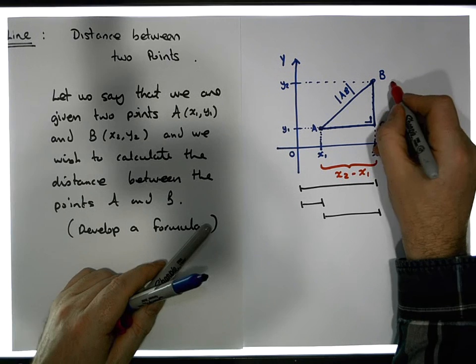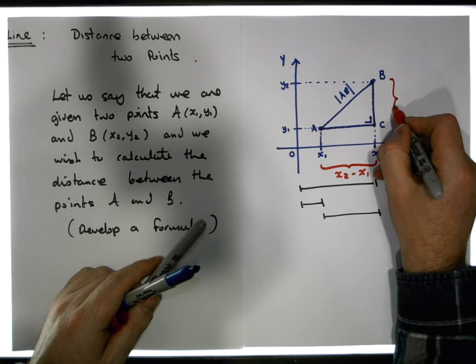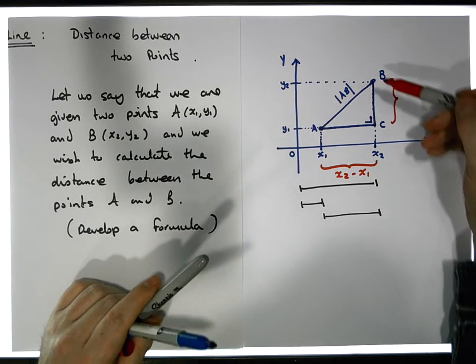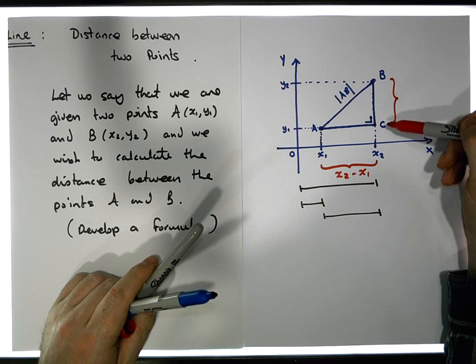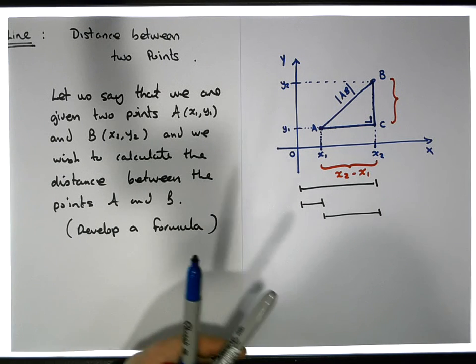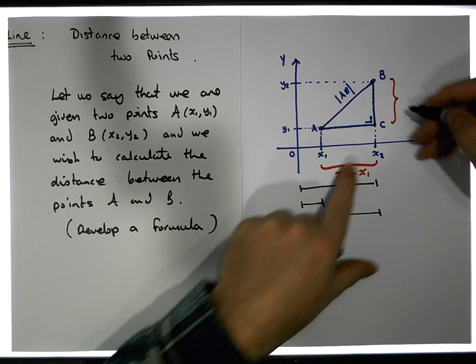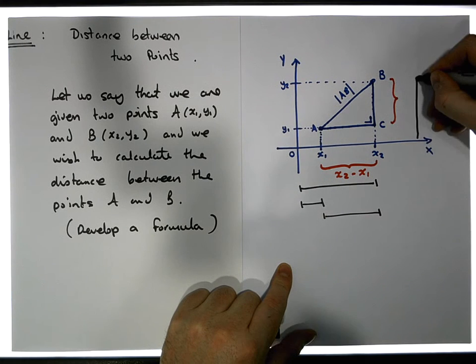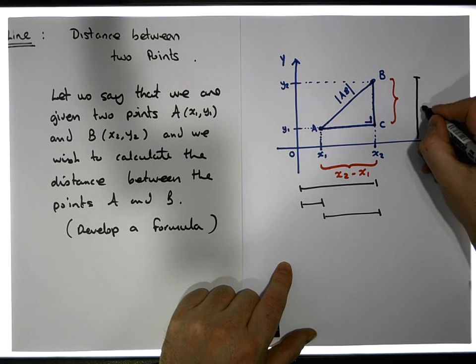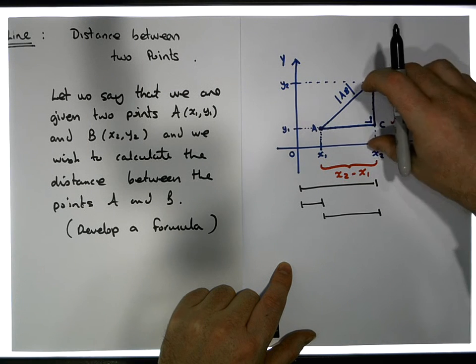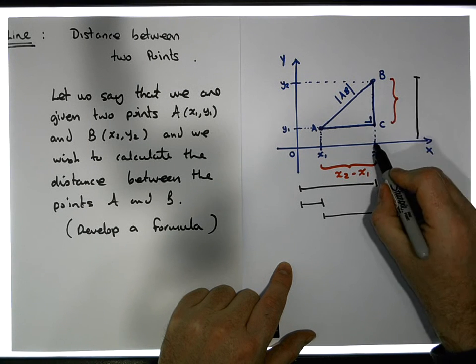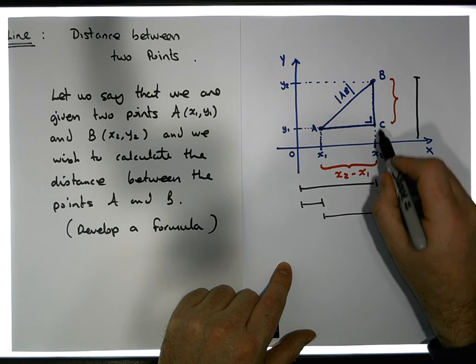And similarly, we have the distance between these 2 points here, between B and C. Well, the point B is y2 units away from this particular value here, it's y2 units in the vertical direction.